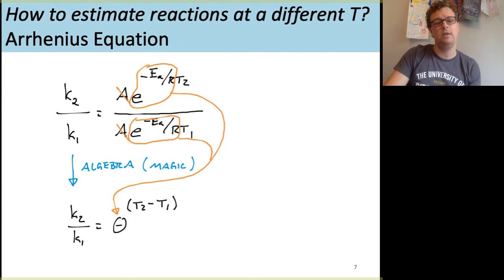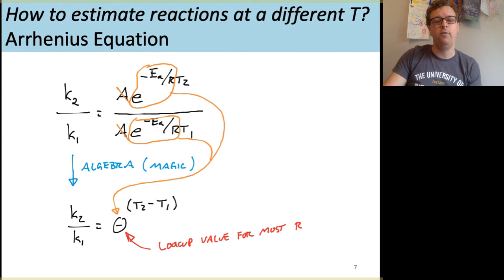What's actually happened here is that the reaction coefficient A cancels out, and that e to the minus Ea over R stuff all gets recombined into a theta value.